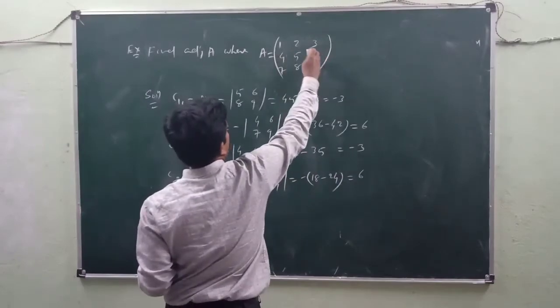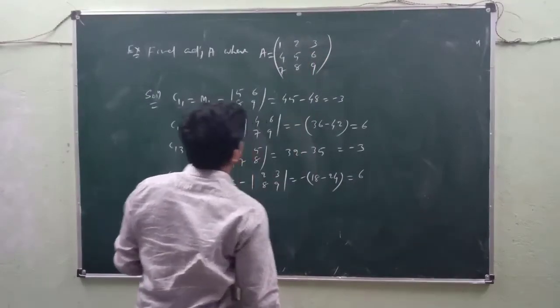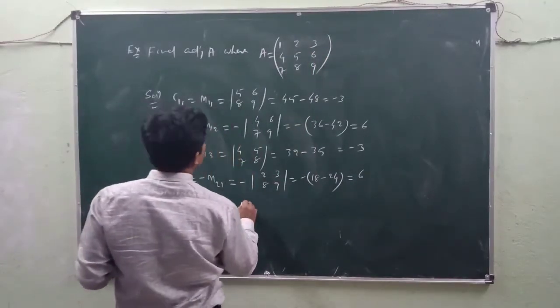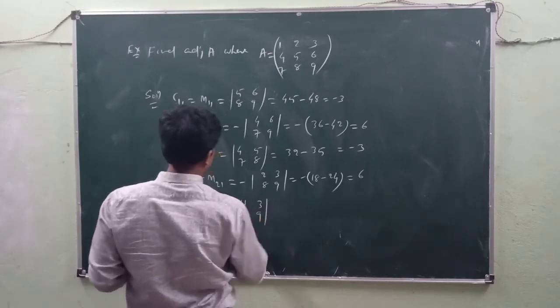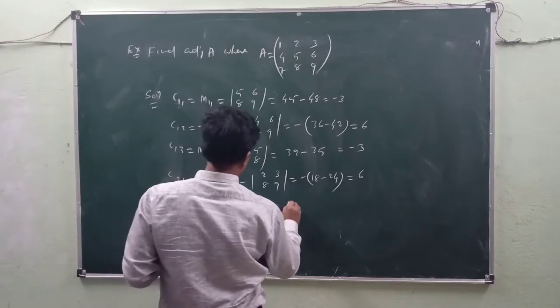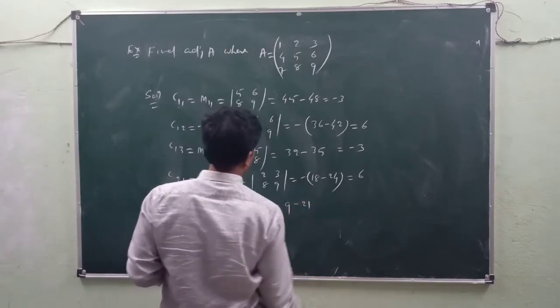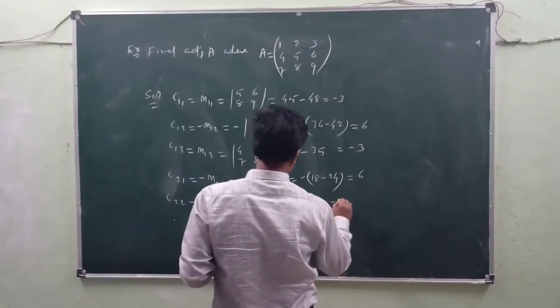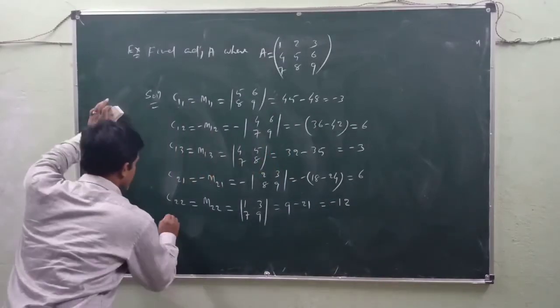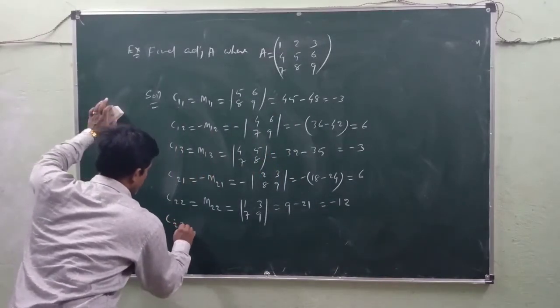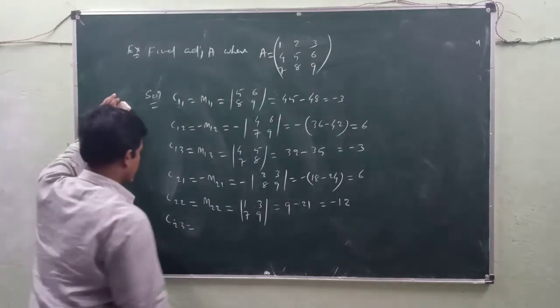Cancelling the second row and second column, the remaining determinant is 1, 3, 7, 9. Then 9 minus 21 gives minus 12. Then C23 is minus M23, the minor of 6.